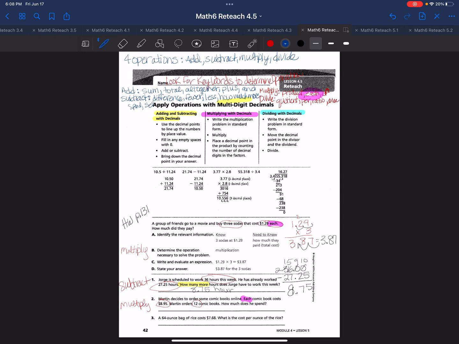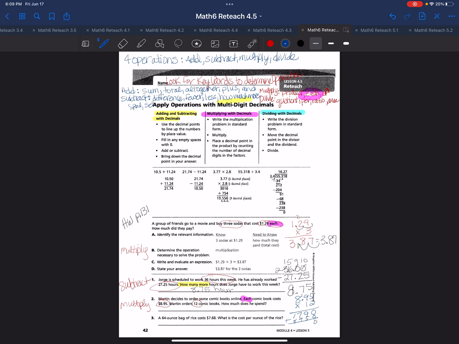So I have $8.95 times 12. 2 times 5 is 10. 2 times 9 is 18 plus 1 is 19. And 2 times 8 is 16 plus 1 is 17. And then 1 times those numbers.